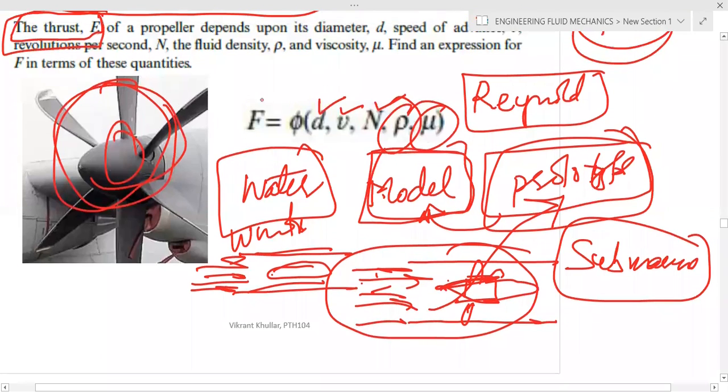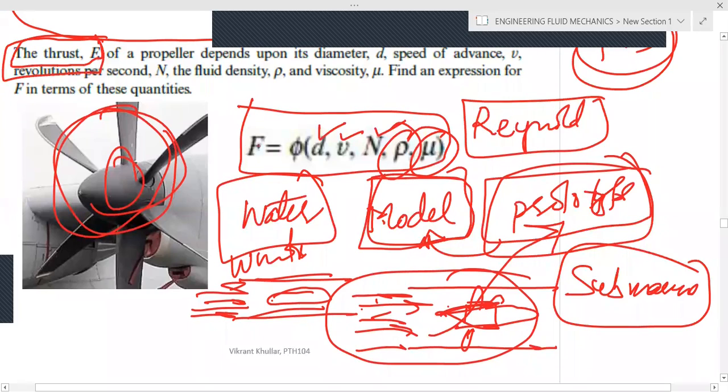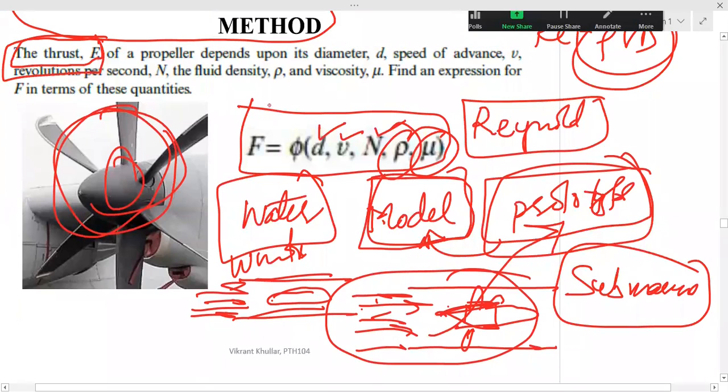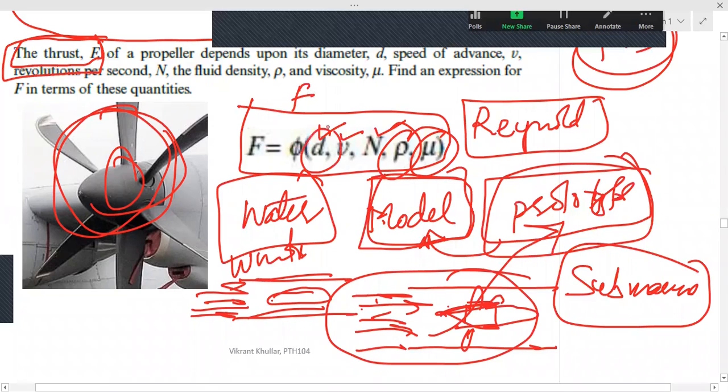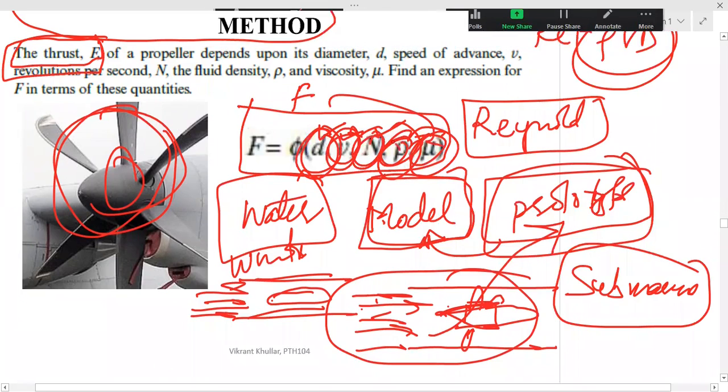So these variables you have identified actually through preliminary experiments, but you have not carried out extensive experiments. You still don't know how F is related to each of these variables. You only know that these are the variables which can actually impact the thrust force. That is what you know, nothing more than that.